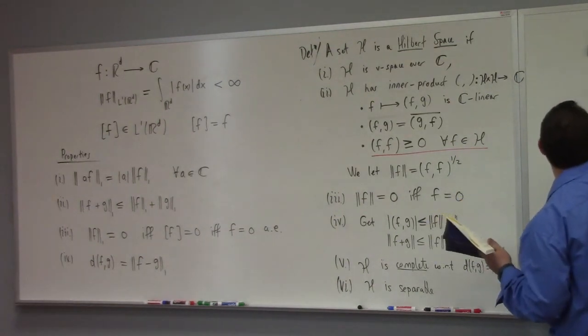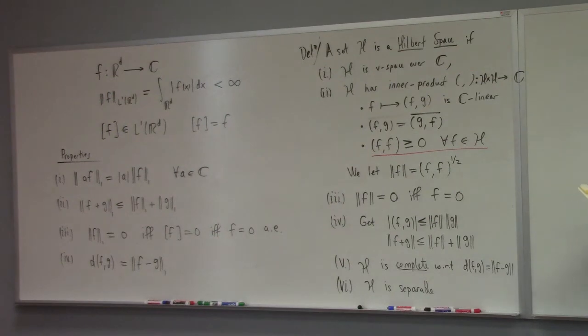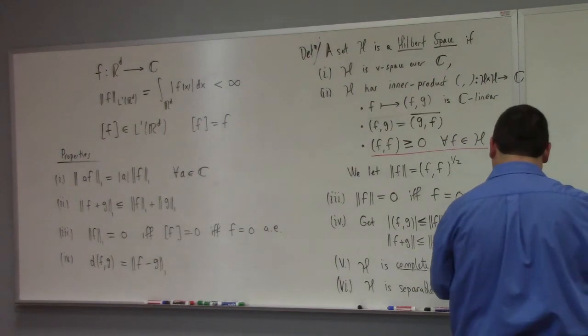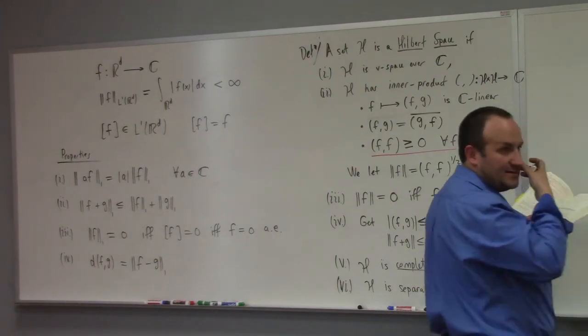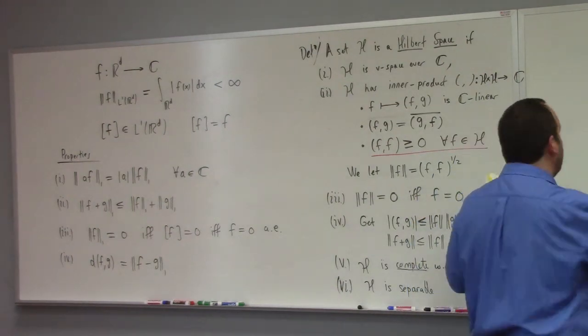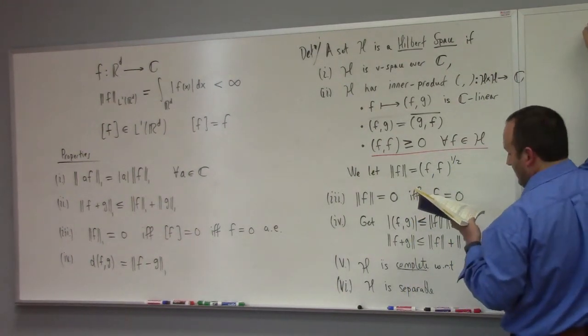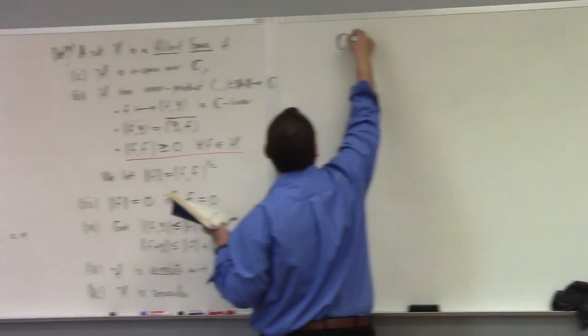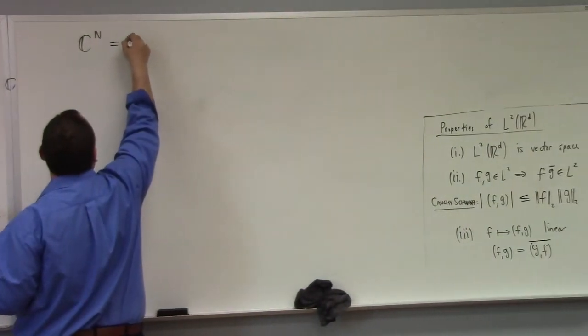Oh, like Cn? You could do Cn, which you could think of as R2n, I suppose, right? Oh, that's an interesting point, but Cn we can look at as R2n.